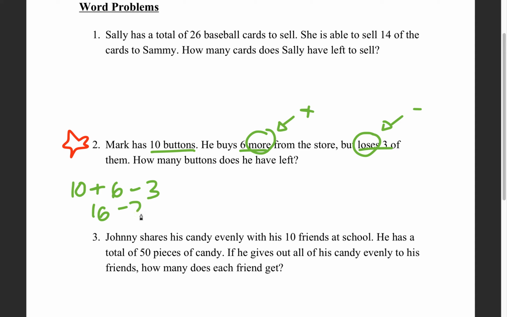And then minus 3. And 16 minus 3. Okay, 16 minus 3, 6 minus 3 is 3. And 1 minus 0 is 1. So the answer is he has 13 buttons.